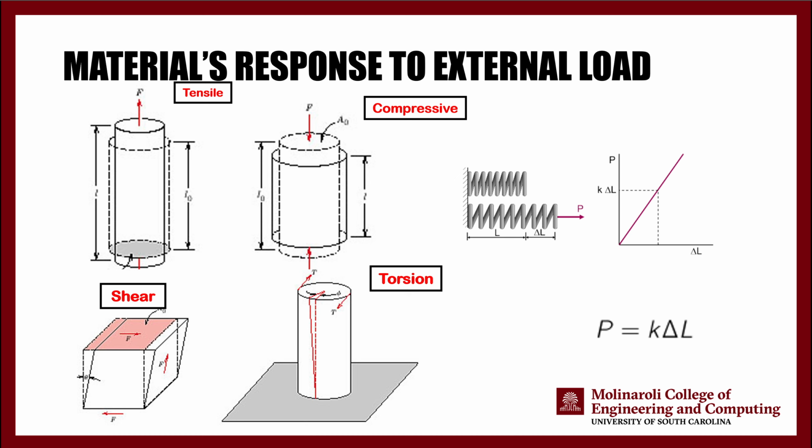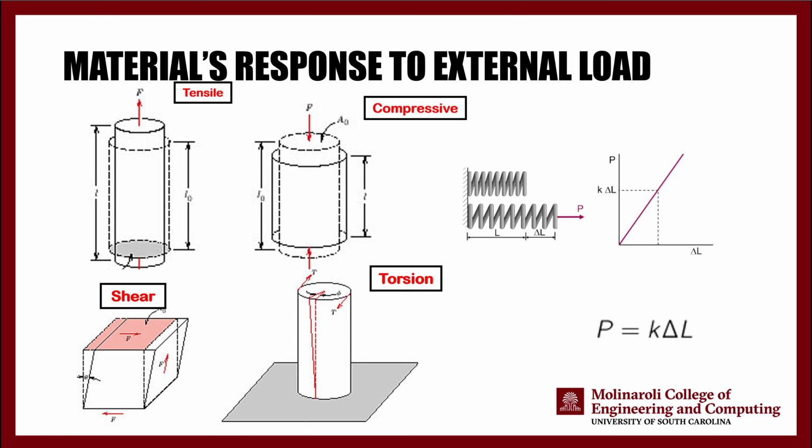We have shear and we have torsion. We already have seen examples of shear force and torsion in our labs. Today we are going to discuss a tensile load, and later on in Lab 10 in the manufacturing lab we will see how a compressive load works.